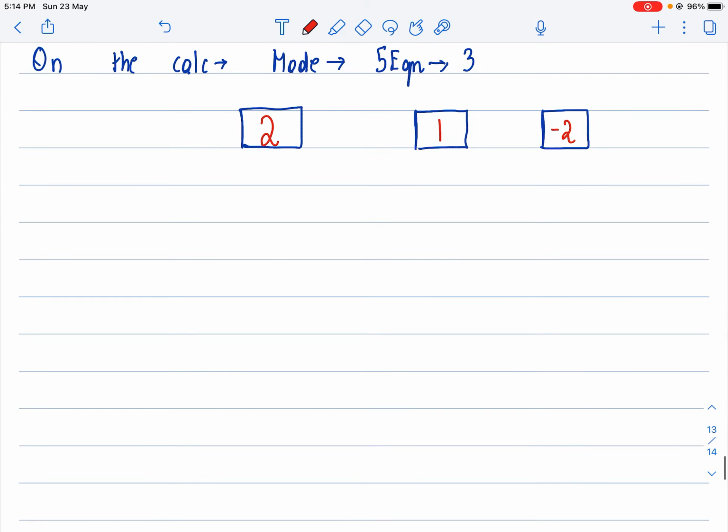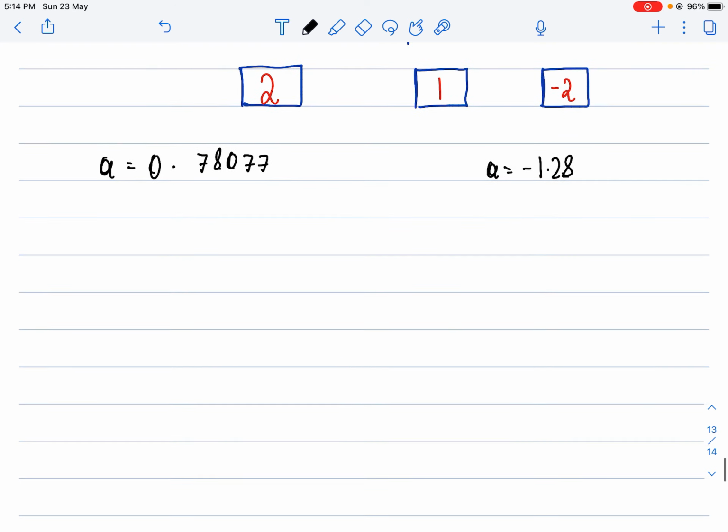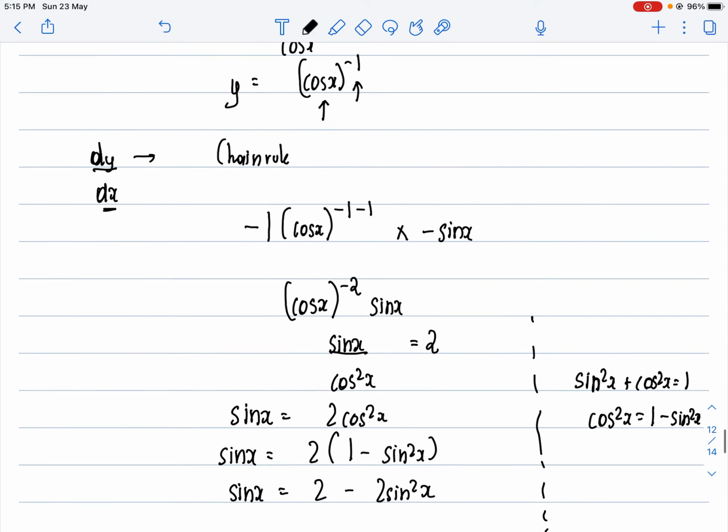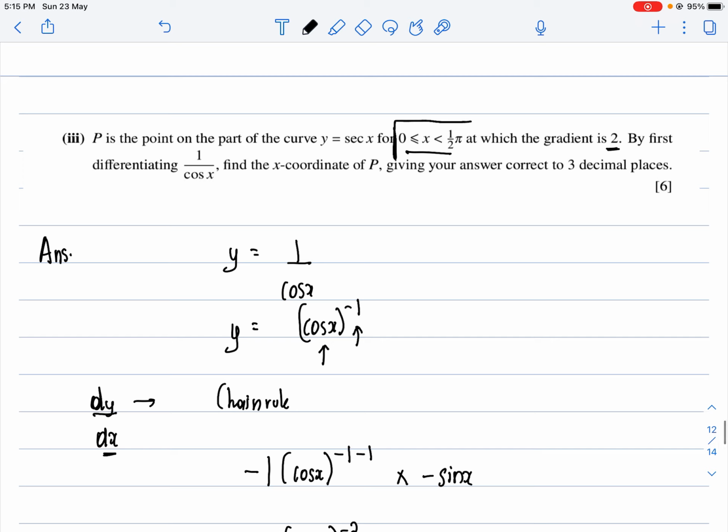When you do that, you get your answer as a equals 0.78077, and the other answer as a equals minus 1.28. Now I know a is sin x, so sin x equals 0.78077, and sin x equals minus 1.288. Now if you see your domain, it's from 0 to half pi.